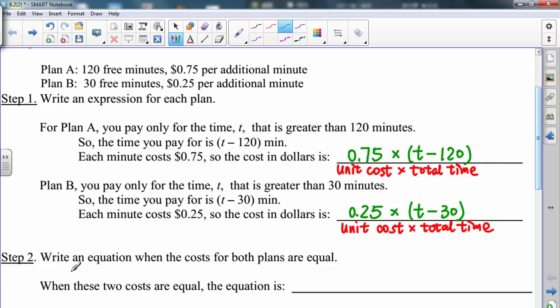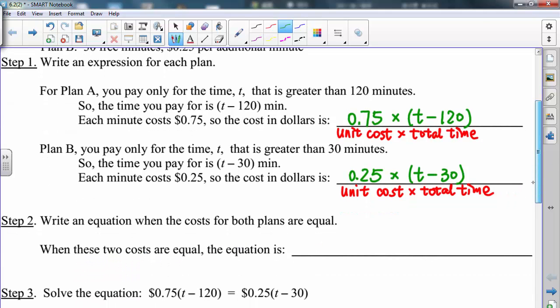Step 2. Write an equation when the costs for both plans are equal. When these two costs are equal, this one is equal to this one.